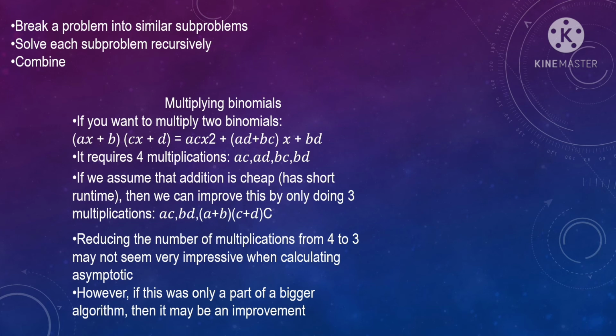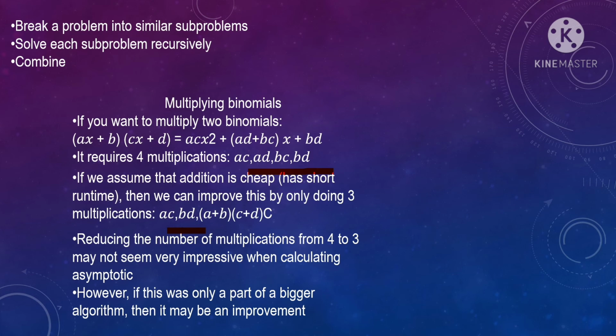It requires four multiplications: ac, ad, bc, and bd. If we assume that addition has a short run time, we can improve this by doing only three multiplications, which are ac, bd, and (a plus b) times (c plus d).